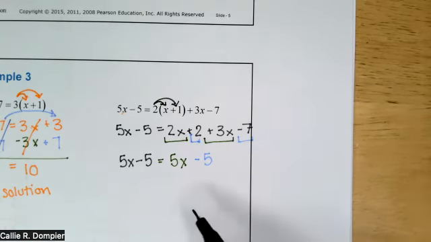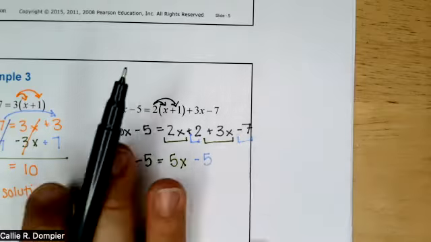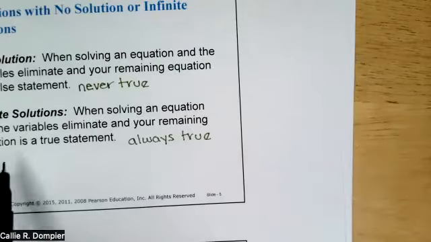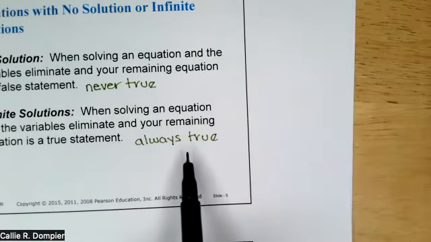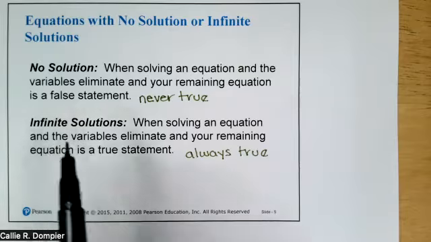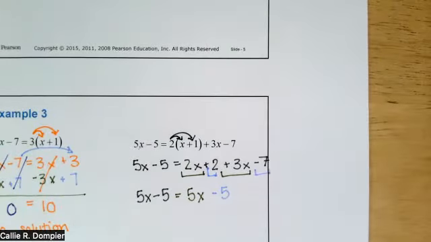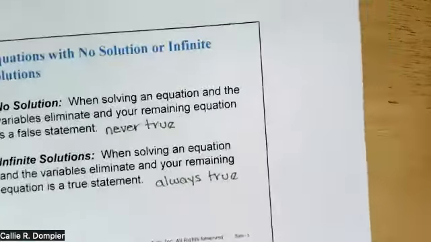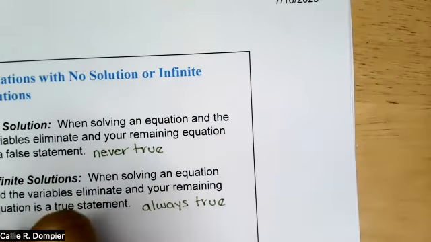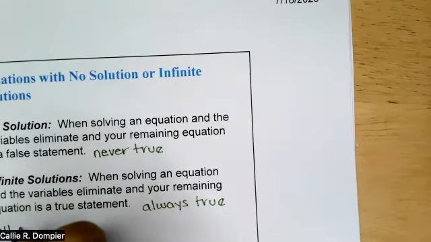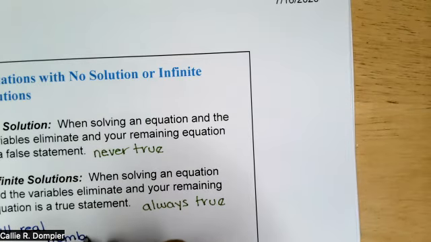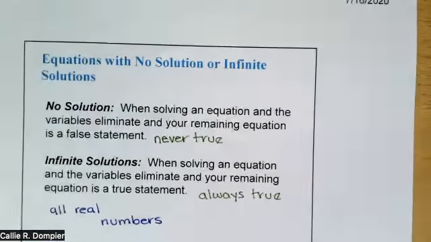So if you see something like this and each side is identical, your equation is a true statement, always true, infinite solutions, all real numbers. Infinite solutions, they might call it all real numbers. You can put any number in there and it will be true.